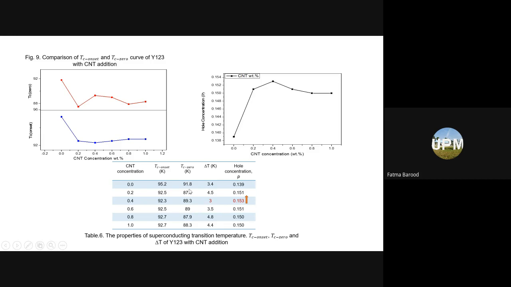The hole concentration increased for all samples. This increase may be due to the carbon nanotube addition, which results in the formation of additional hole carriers in Y123.